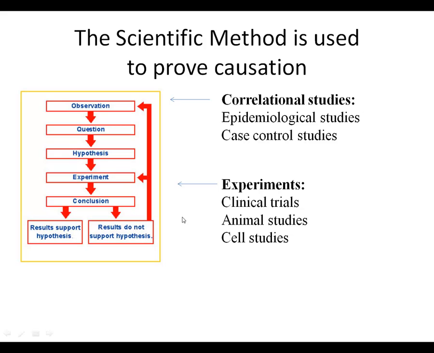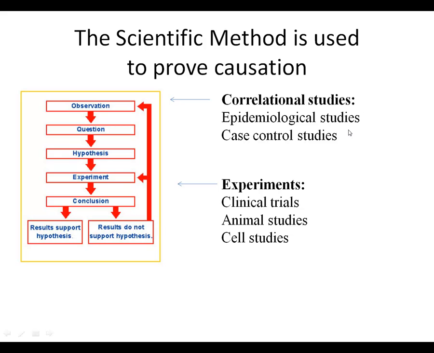So what I wanted to remind you of is this thing called the scientific method. I know you guys have seen this many times. One way to think about correlational studies is that because they can sometimes be the consequence of a cause and effect relationship, they are observational studies.